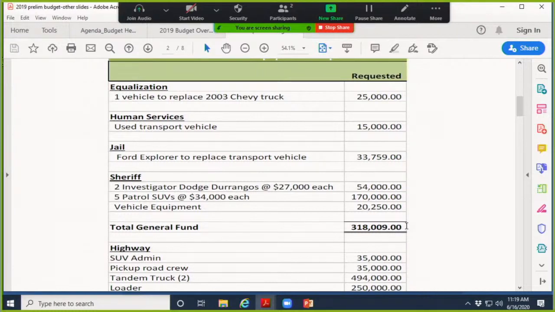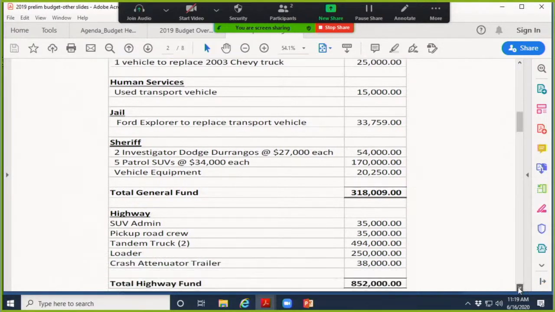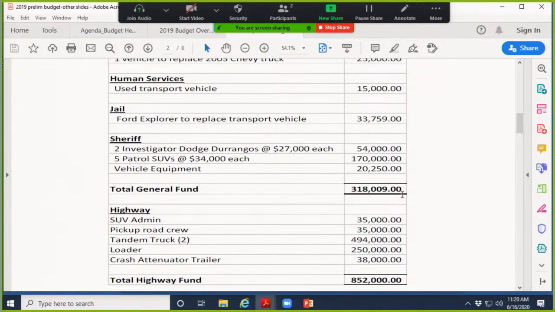Those impacting the general fund are listed at the top of the schedule, and then the highways below, because that's something different. So there's $318,000 in equipment requested in the general fund, and $852,000 in the highway fund.